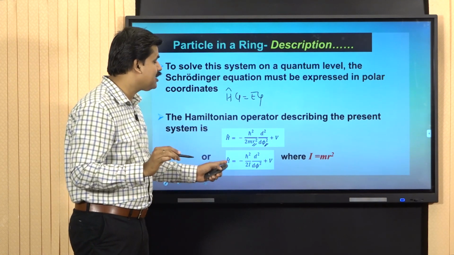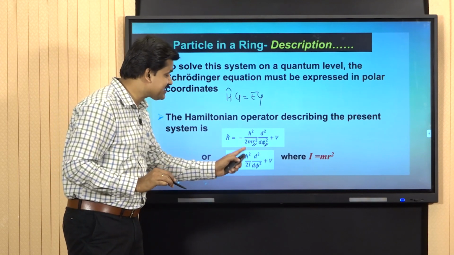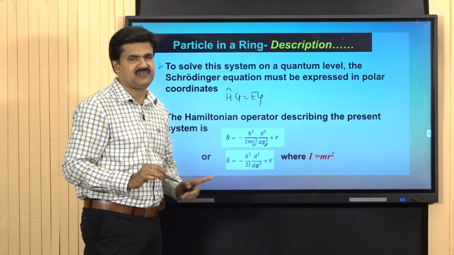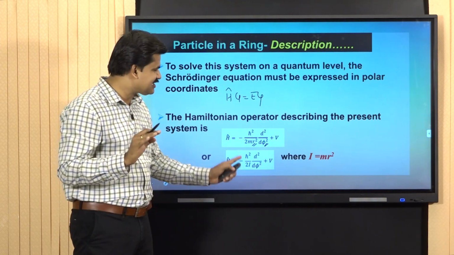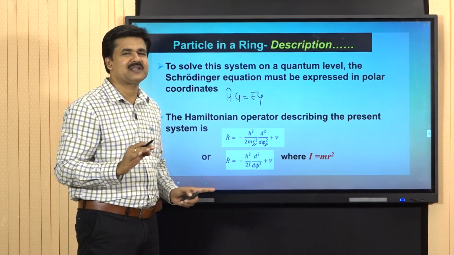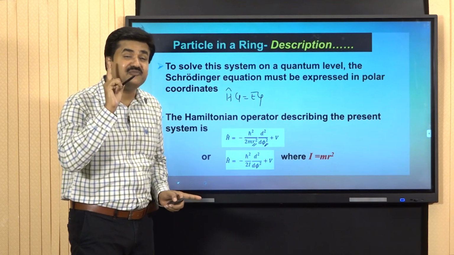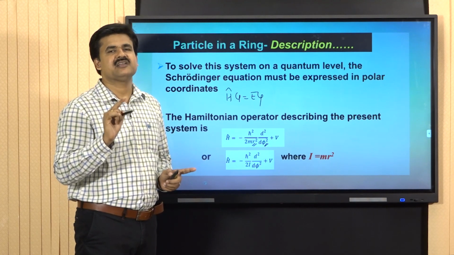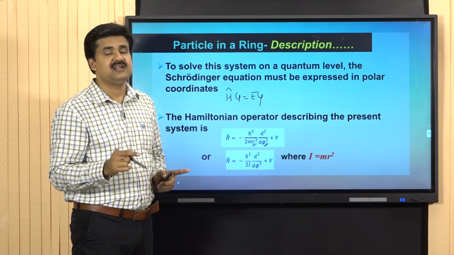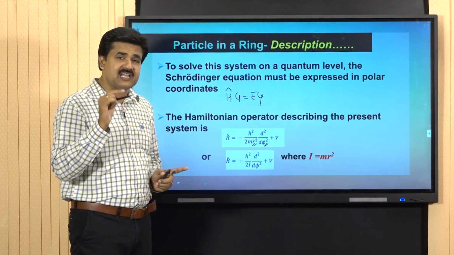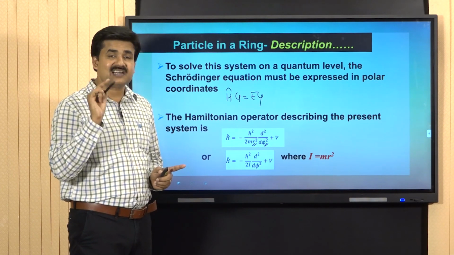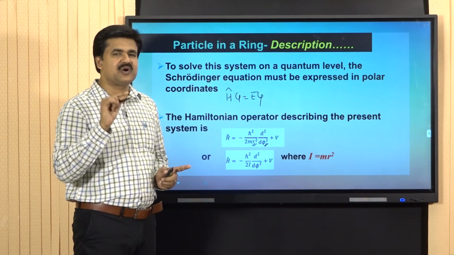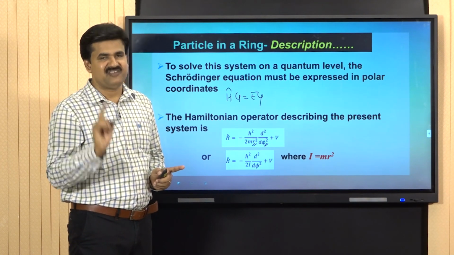So, the Hamiltonian operator is minus h cross square by 2I d square by d phi square plus V. Hence, this Hamiltonian operator has one and only one variable, that is phi. So, the Schrodinger equation also contains one variable, that is phi. Hence, the Schrodinger equation for a particle in a ring problem is considered a phi equation because the Schrodinger equation contains only one variable.